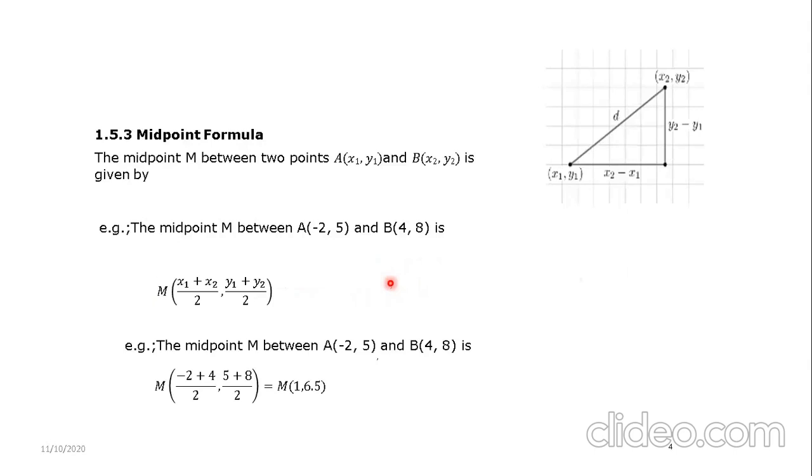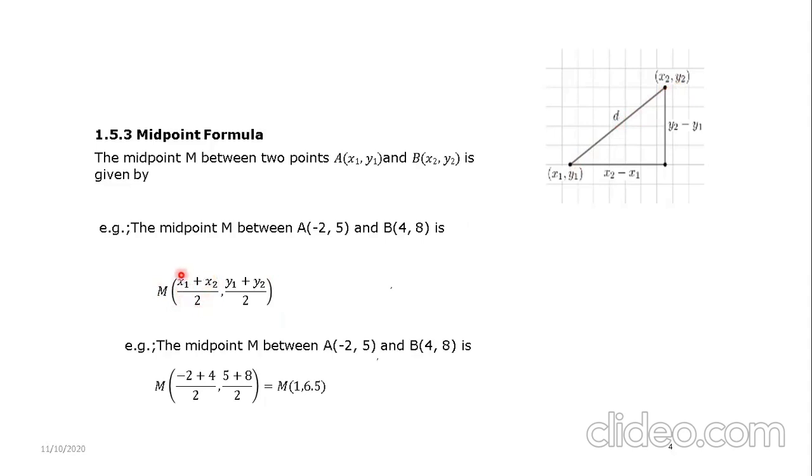In many cases, you sometimes need to get the coordinates of the midpoint between 2 points. For example, you have point 1, x1, y1, and point 2, x2, y2. You need to get the midpoint between these 2 points. The equation is you add x1 plus x2 divided by 2.